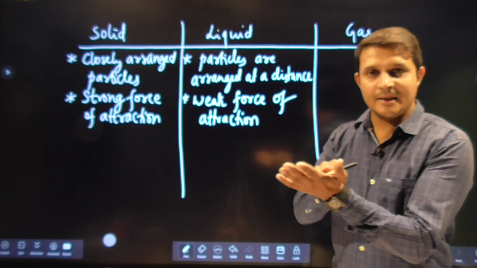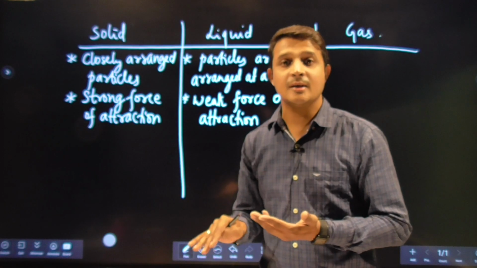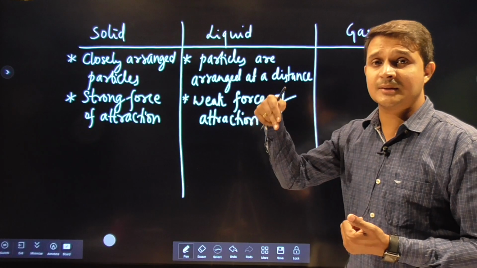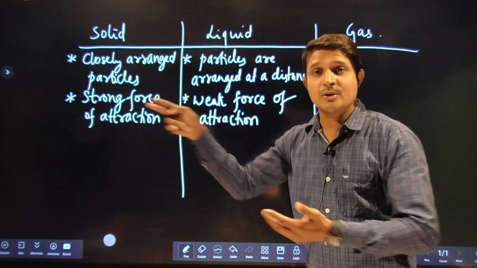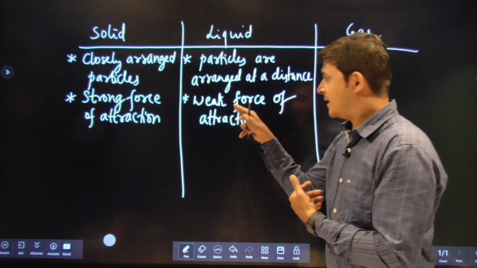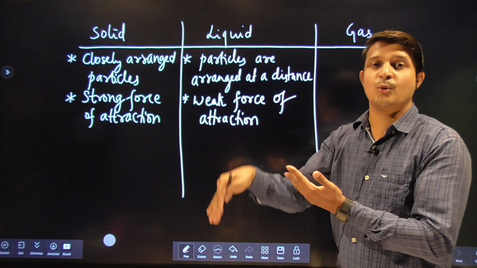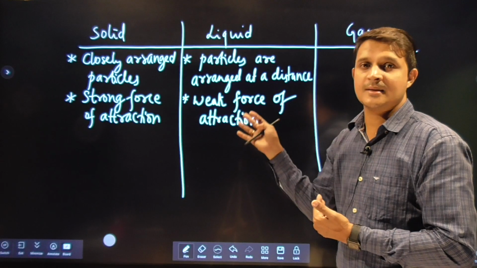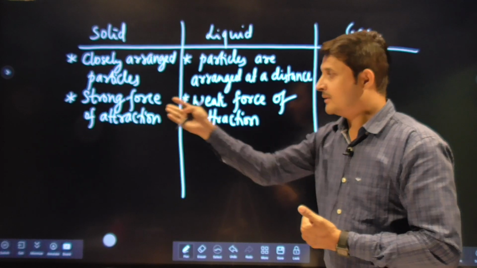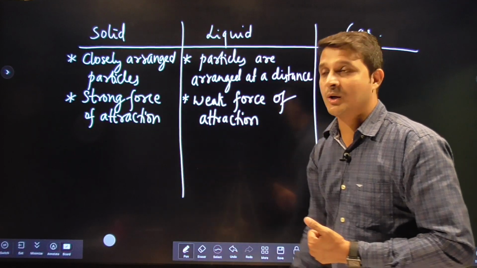So one layer can skid over the other layer. Hence in solids, since there is a strong force, the layers cannot skid. Here, since there is a weak force, the layer of matter can skid over the other. So motion is possible here. In solids, the motion or movement is not possible.